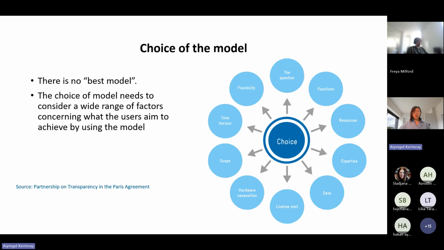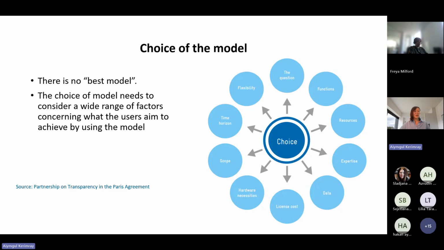So in terms of the selection of the model, there is no single model that can adequately represent all the complexities of reality. We know that any model is just a simplified mathematical description of reality, and it cannot account for many things that happen in the real world. For example, we know that in 2020 there was a COVID lockdown, and these kinds of models were not able to predict that.